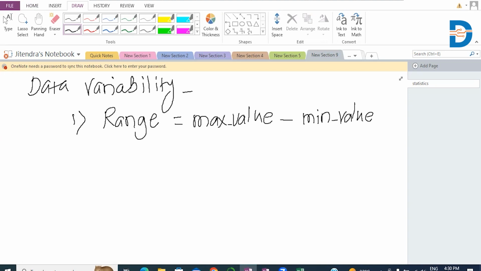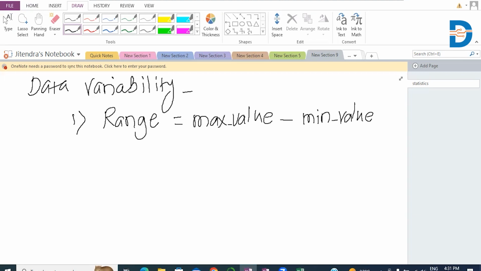Other data points are not considered in the calculation. So range is not the exact data variability, right? We miss all the points except the minimum and maximum.